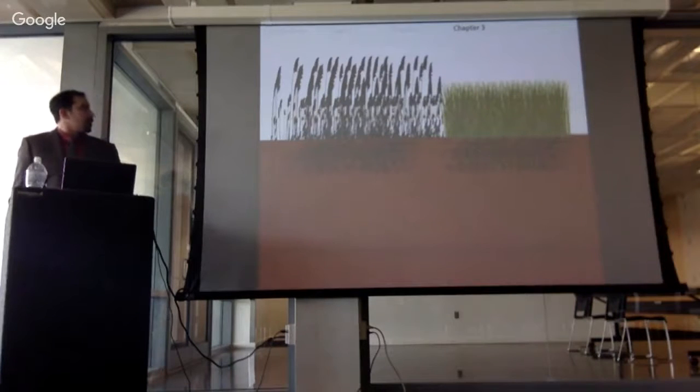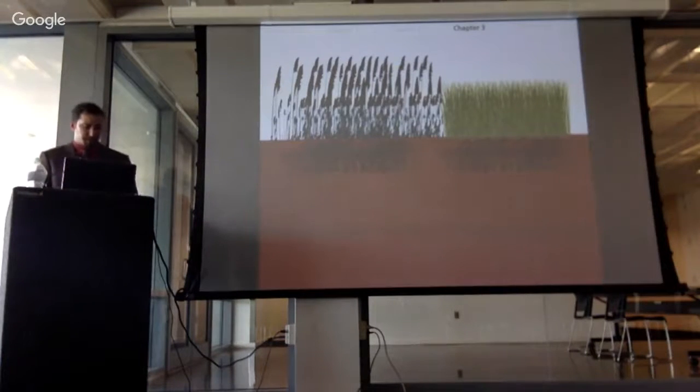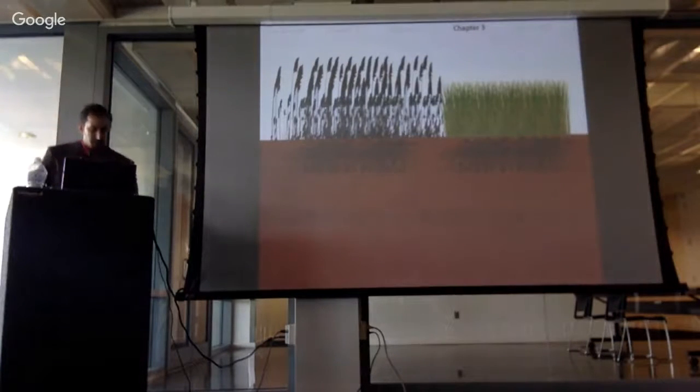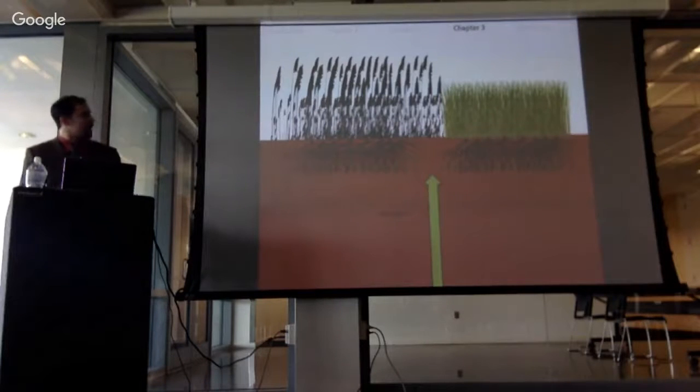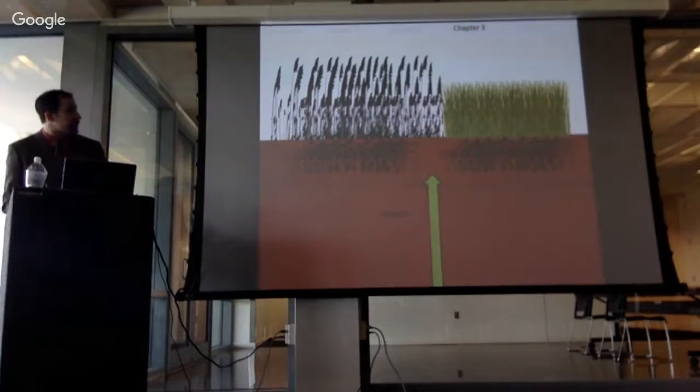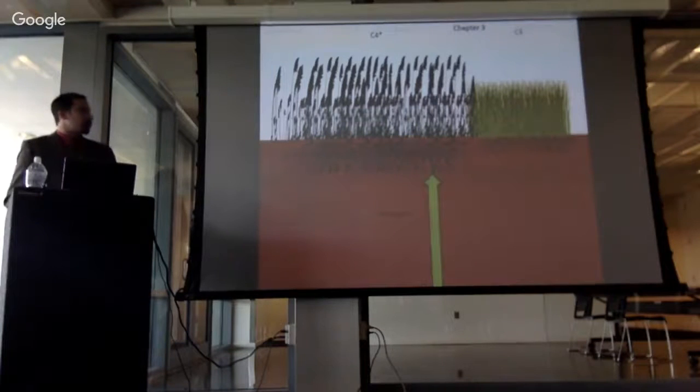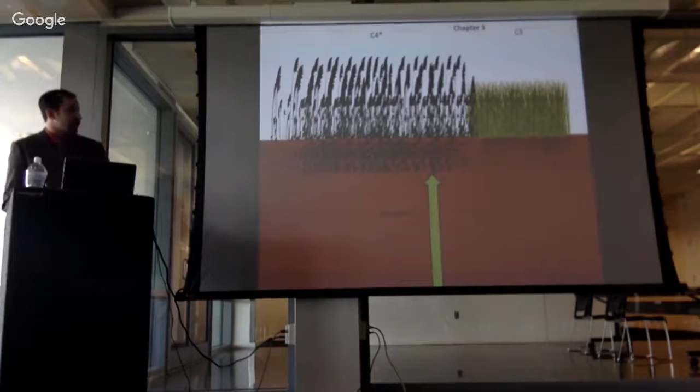And based on what I know about the life histories of the two species, this is Phragmites on the left and Schoenoplectus on the right, I came up with a series of hypotheses based on the following treatments. First, as nitrogen increases, because Phragmites, it's weird, it can do C3 and C4 photosynthesis, whereas Schoenoplectus is strictly C3, I expected that the more efficient user of nitrogen, Phragmites, would compete better against Schoenoplectus.